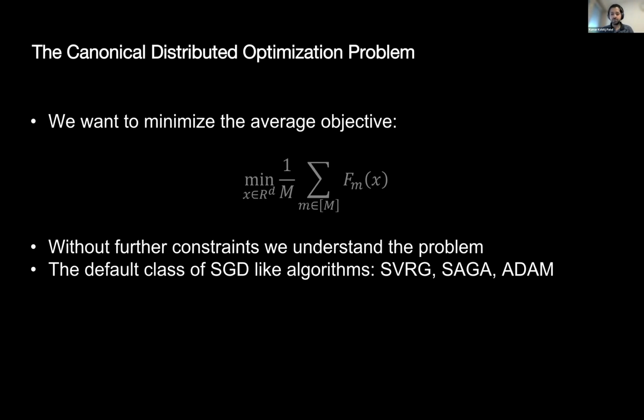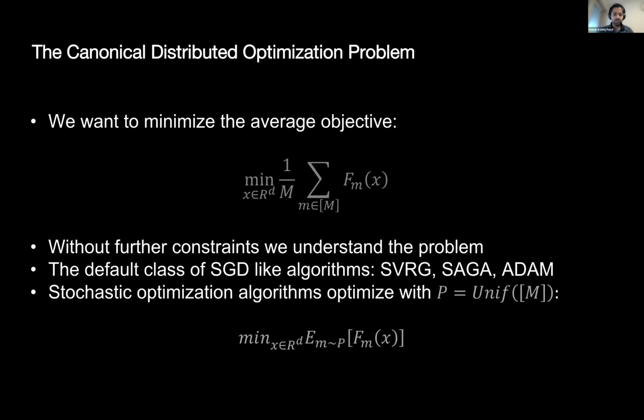At least for convex problems, we reasonably understand the convergence guarantee, the lower bounds, how to run and tune these algorithms, and some heuristic ways to run them in practice, etc. Essentially, we know all of this for the above distributed problem as well, because it can be viewed as a simple stochastic optimization problem by looking at the uniform distribution over the machines and recasting it as a stochastic optimization problem.